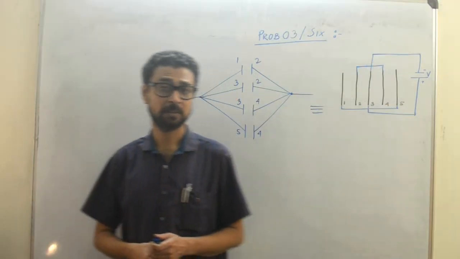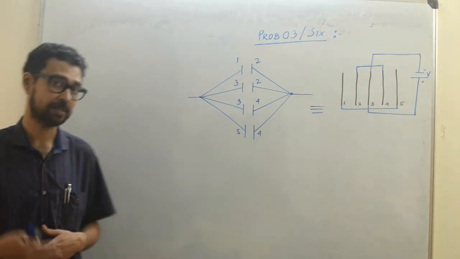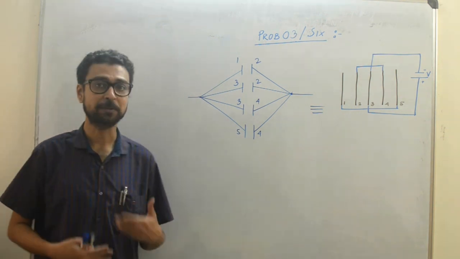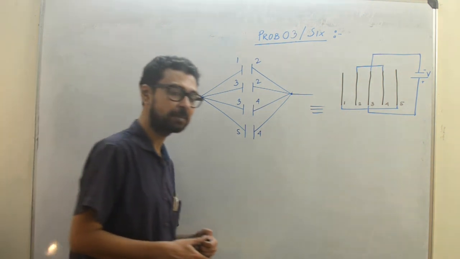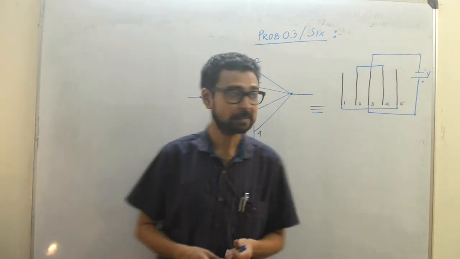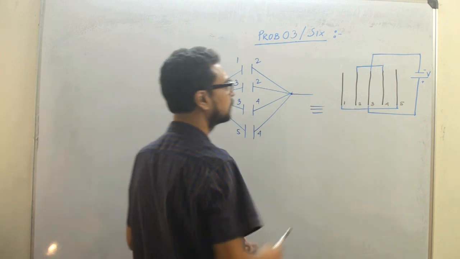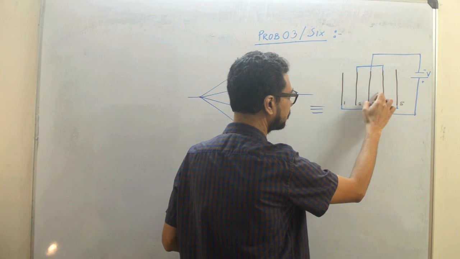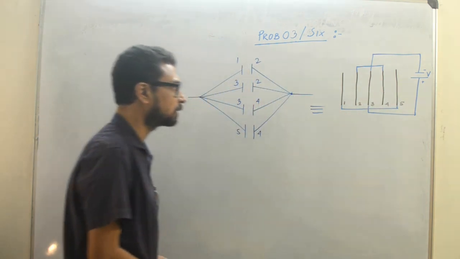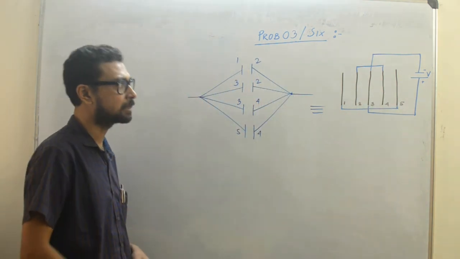Okay, so here is problem number 3, which is very interesting again, as I am doing a lot of interesting problems in order to develop your concepts so that we can approach the problem. Here they have given us 5 plates, 1, 2, 3, 4, 5, and these 5 plates have been shorted.